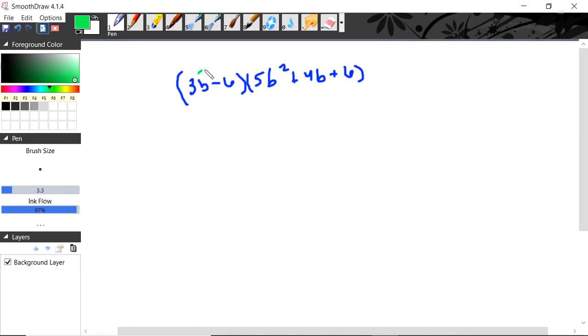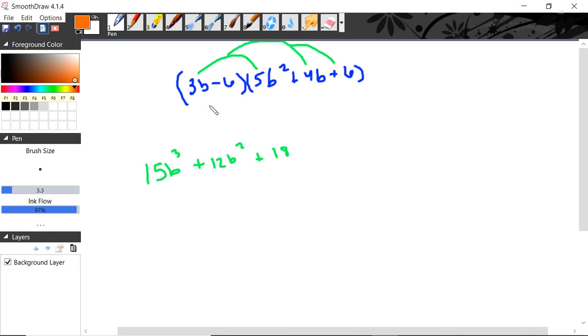So 3b times 5b squared, 3b times 4b, 3b times 6. That's the first 3. So 3 times 5 is 15, b times b squared is b cubed. 3b times 4b is 12b squared. 3b times 6 is 18b.